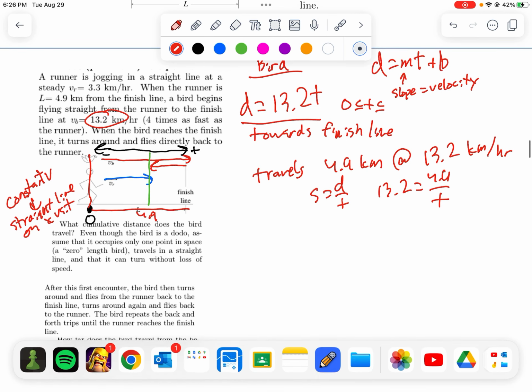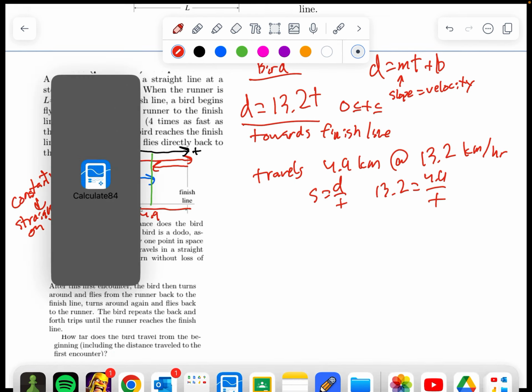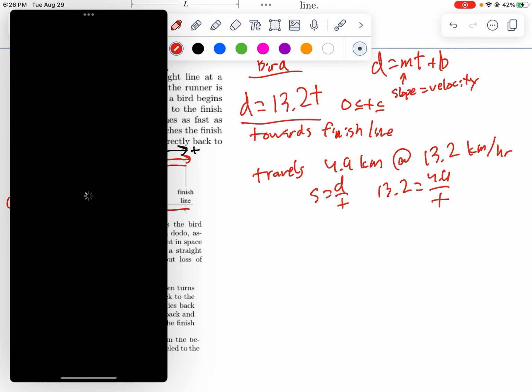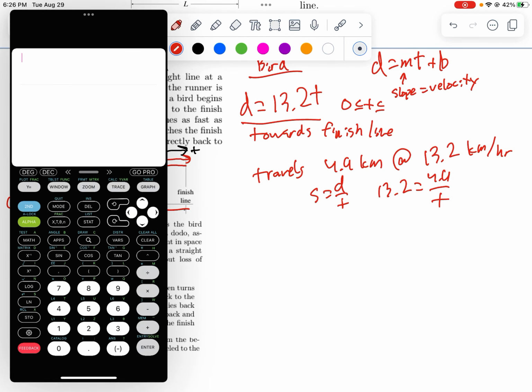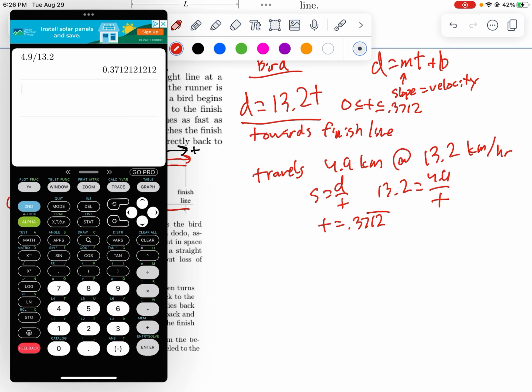So solve for t. You do algebra, that's going to be 4.9 divided by 13.2. So t equals 0.3712, and it just keeps going. Okay, so that's the time it takes to reach the finish line.